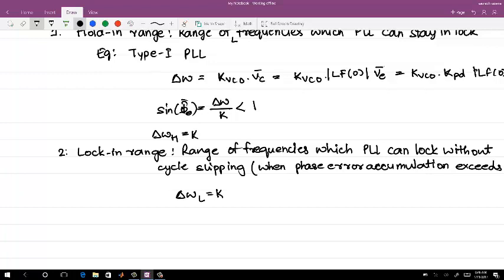Did you get the lock-in range as such from the concept that the phase error should not exceed 2 pi, and from whatever analysis we have seen before? Okay. The next one is defined as pull-in range.